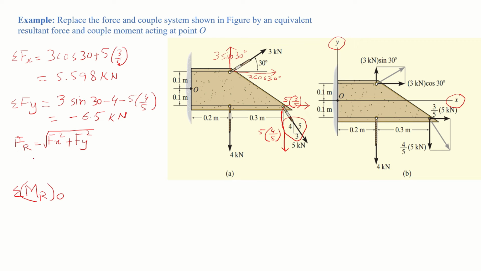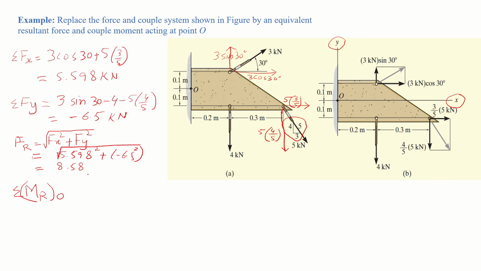Now we'll find the resultant. FR is equal to the square root of 5.598 squared plus negative 6.5 squared, and the answer is 8.58.